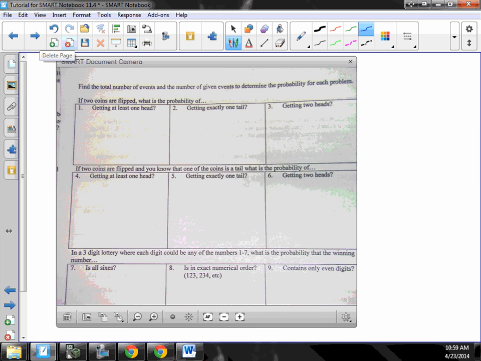So, let's write out the possibilities and then we'll decide if it's a combination or a permutation. If I flip 2 coins, what are the possible outcomes? Heads, heads, tails, tails, head, tails, and now we need to decide, is heads, tails different than tails, heads? This is the big debate.